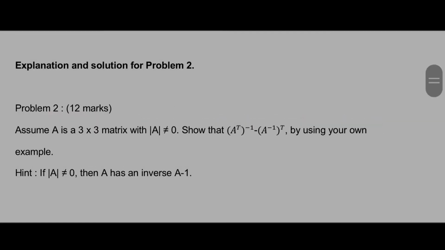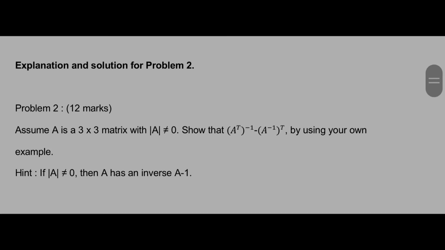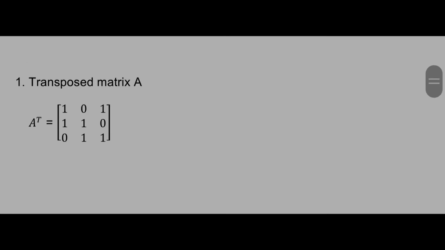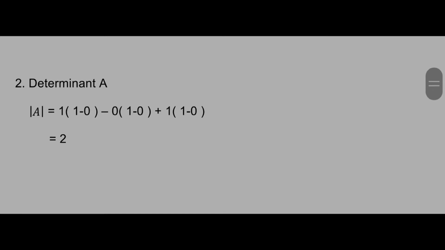Question B is given like this. Assume A is a 3 times 3 matrix. Show A transpose inverse minus A inverse transpose by using your own example. First of all, we create a 3 times 3 matrix for the transpose inverse matrix. Step 1, we transpose matrix A. Step 2, we determine the matrix A by choosing the first row.